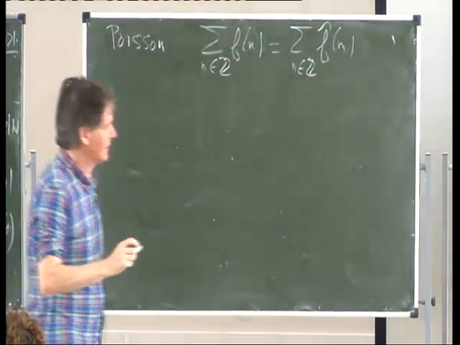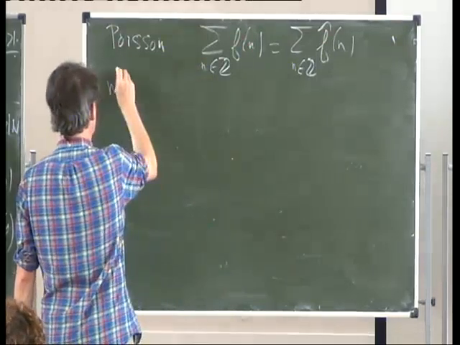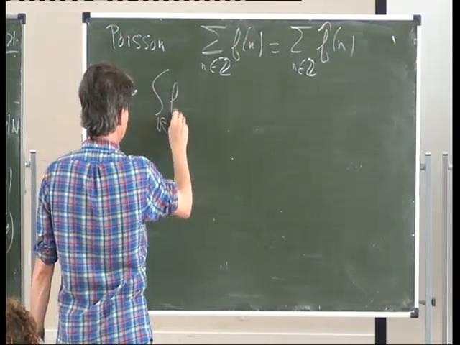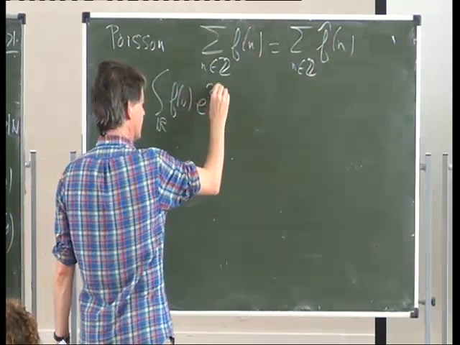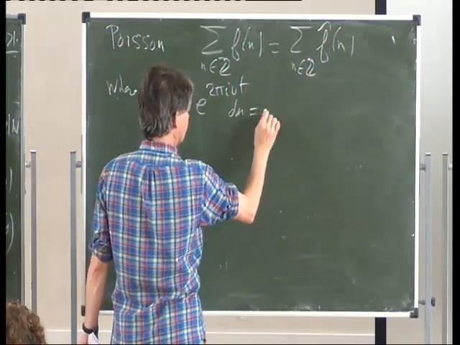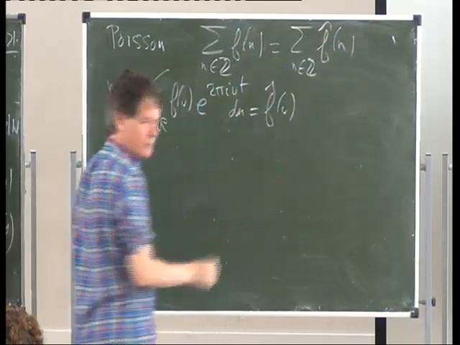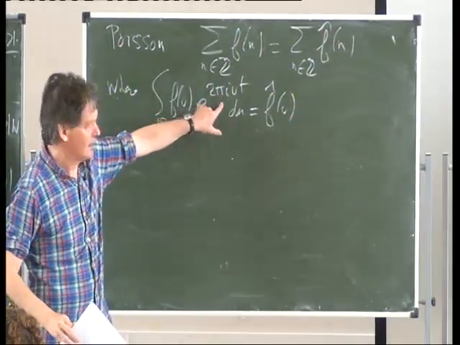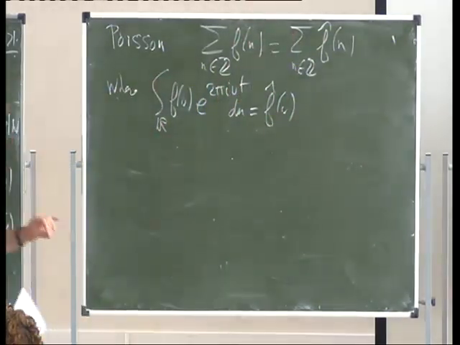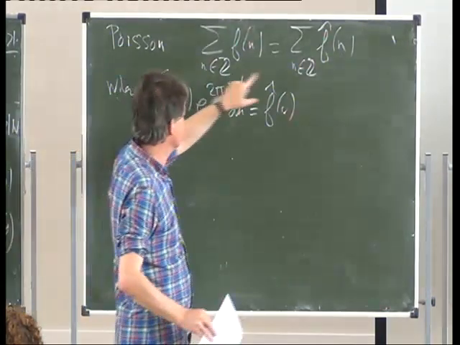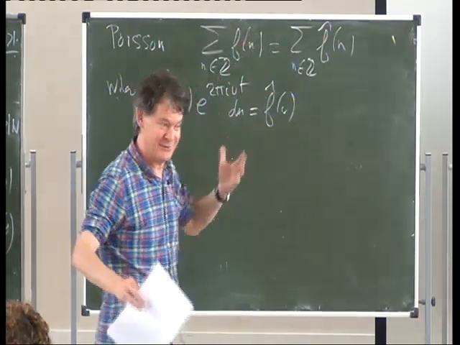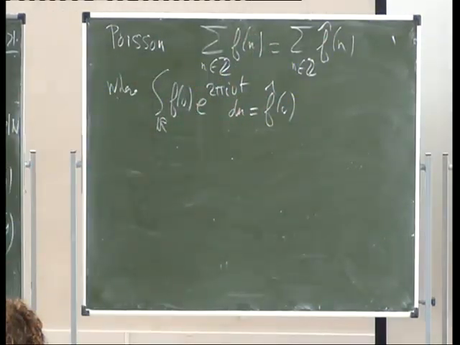So here I take the Fourier transform, I normalize it this way, the integral of f(u) exponential 2 pi i u t du, that will be f hat. So I put the 2 pi here, otherwise you have a constant that comes here. And if you take another lattice than Z, you also have a constant that comes in, but the volume of Z is 1, so there's no constant, that's the simplest.